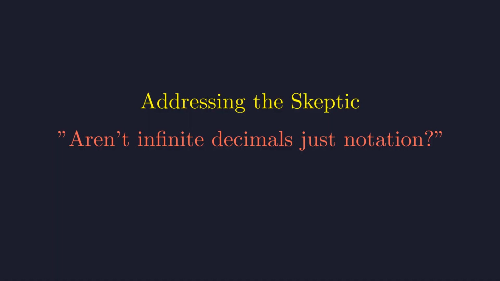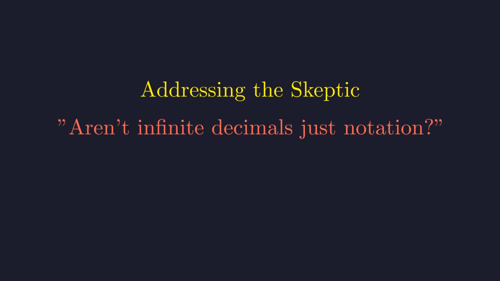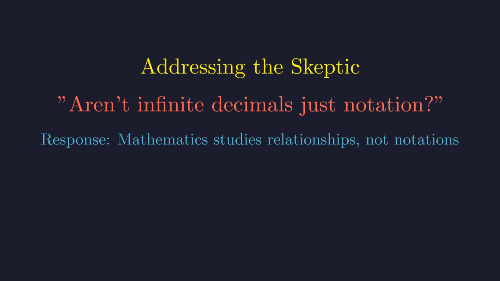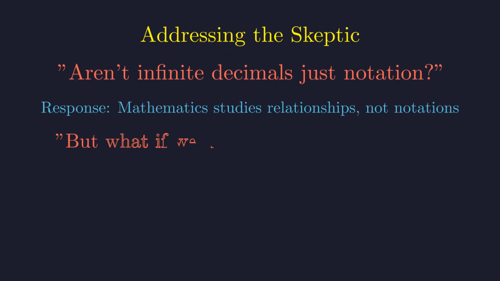It's about representation, not mathematics. The response is that mathematics studies relationships between well-defined objects. Once we define what 0.999... means, which we did at the beginning, we can investigate its properties and relationships to other numbers. Another objection: what if we used a different definition for infinite decimals?